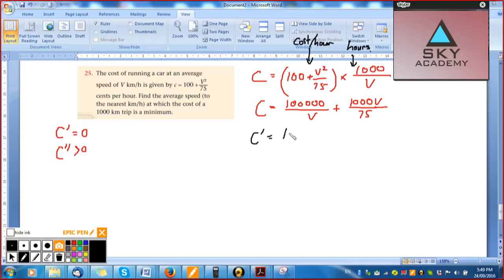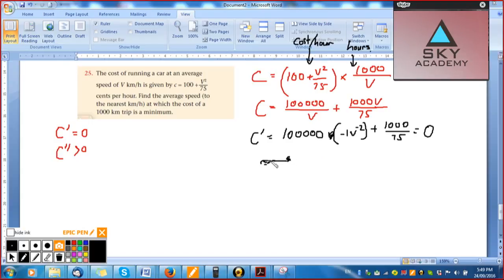Which is v to the minus 1, so it's minus 1 v to the minus 2, plus, because the v will disappear when we differentiate, equals 0.